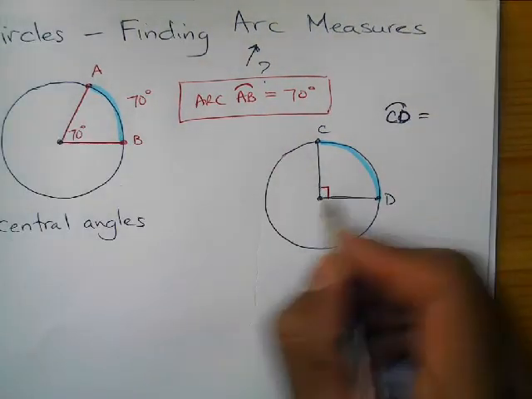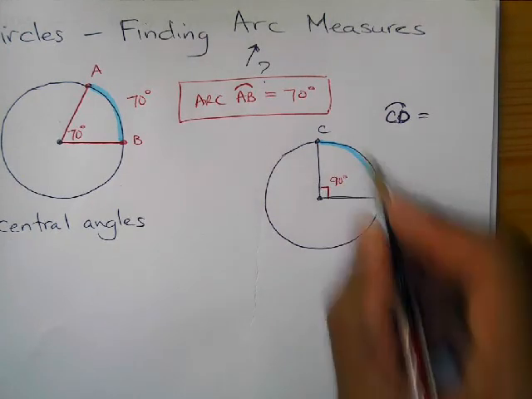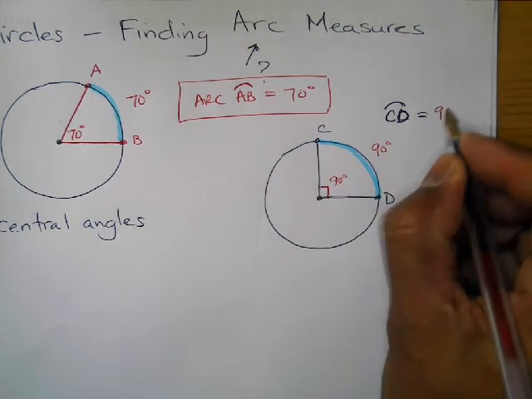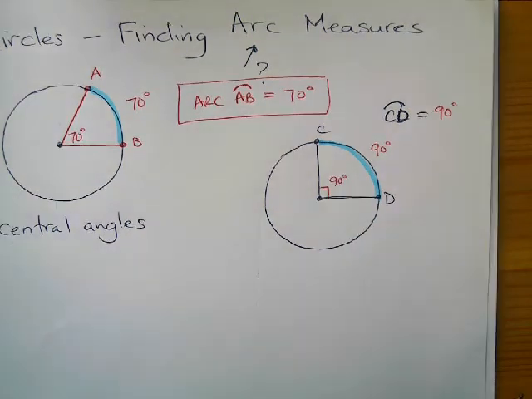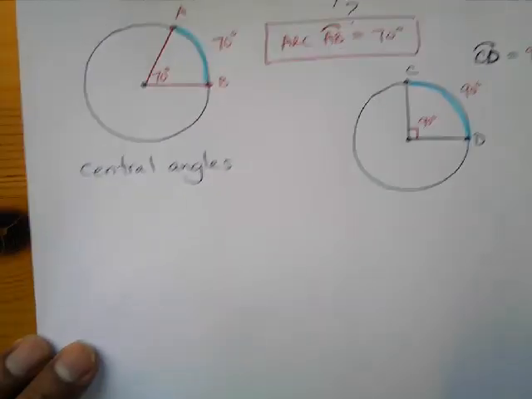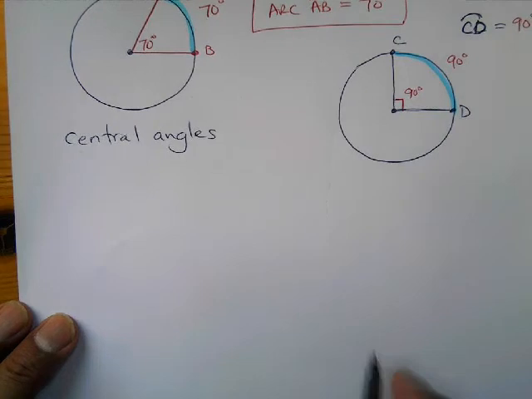If the central angle here from the center is 90 degrees, well, the arc is also said to be 90 degrees. That's it.